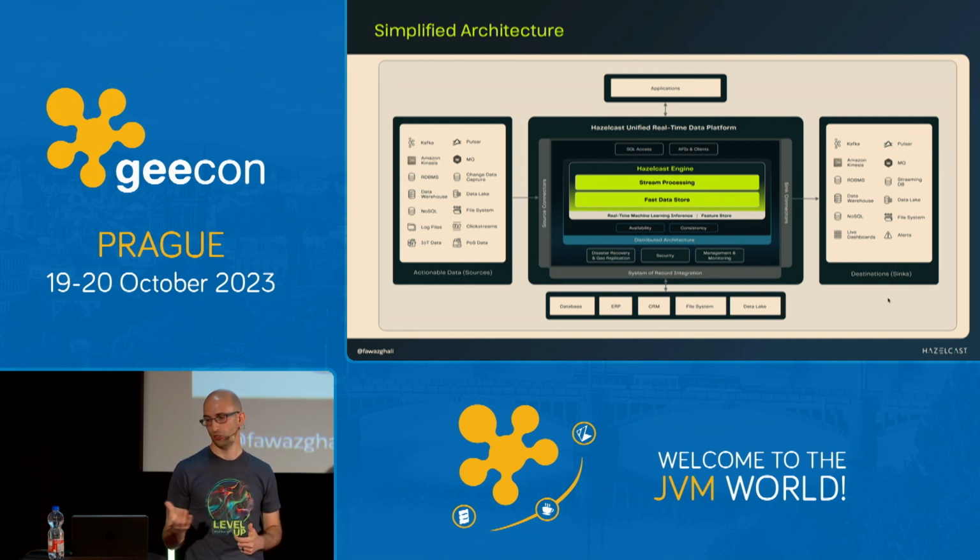Obviously, I'm going to show you how you can do it in real time and show you why it is important to connect multiple sources. So it could be Kafka, could be an IoT device, could be an enterprise application, could be a database, and why you also need to be able to have a fast data store. The fast data store component, as well as stream processing, are actually in one platform, which means there is no latency between the two.